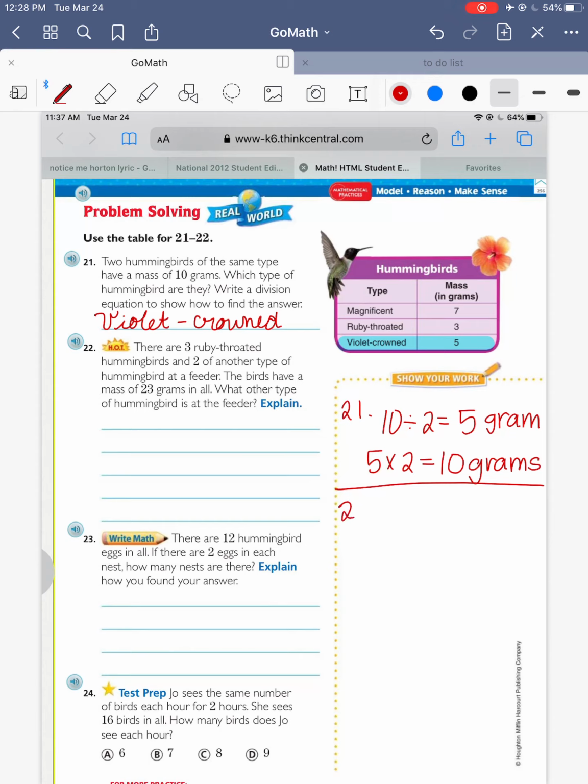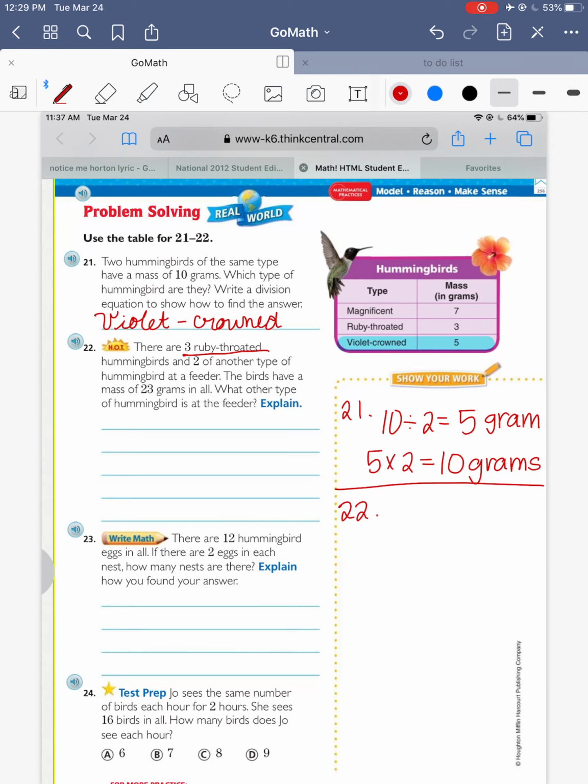Then let's do 22. There are 3 ruby-throated hummingbirds and 2 of another type of hummingbirds at a feeder. The birds have a mass of 23 grams in all. What other type of hummingbird is at the feeder? So first, they told us there's 3 ruby-throated hummingbirds.